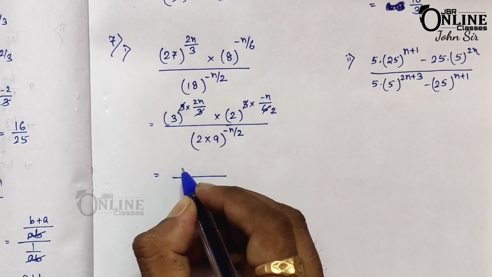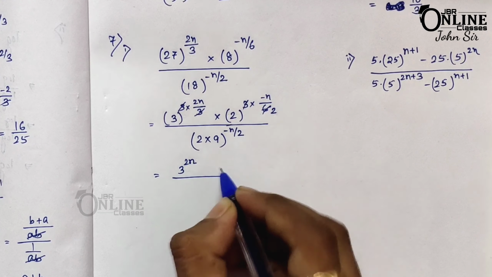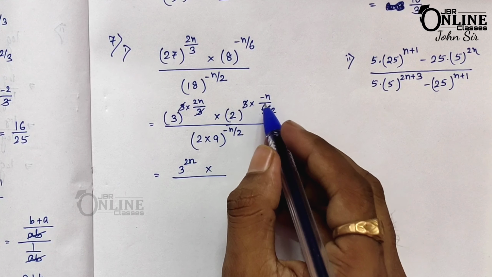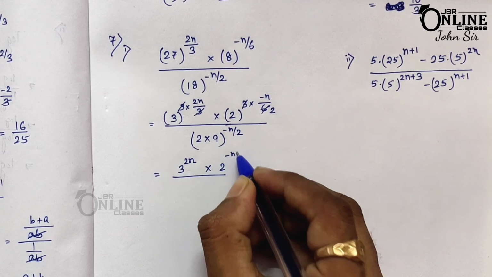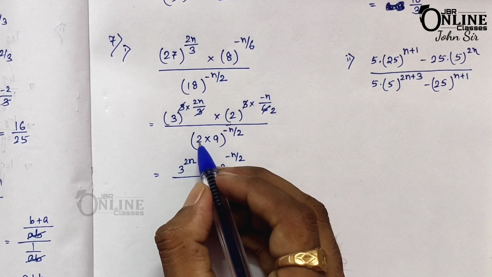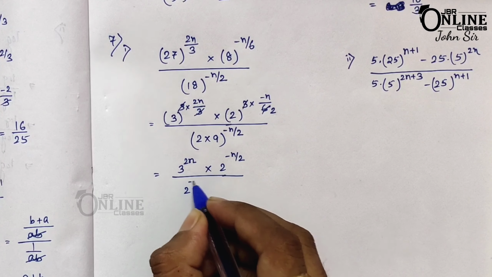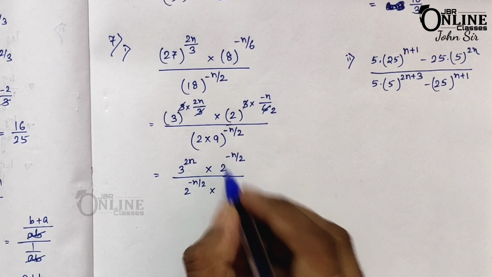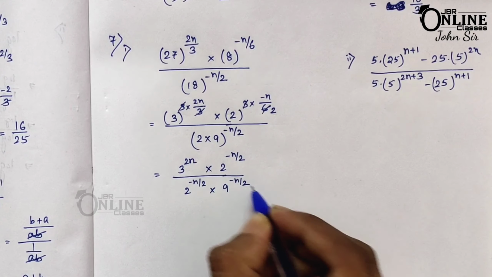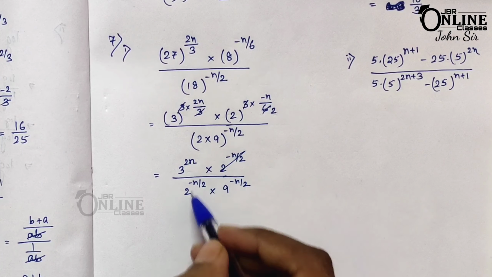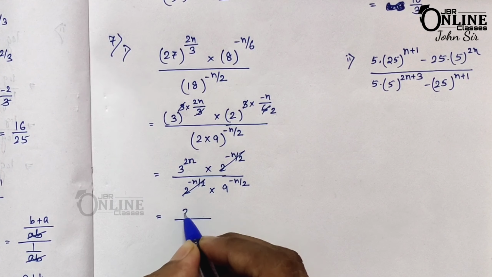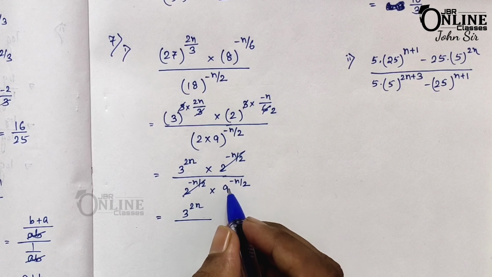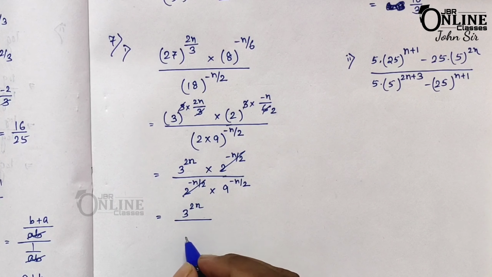So the upper one will be 3 to the power 2n, and here 2 to the power minus n by 2. Here 2 to the power n by 2 into 9 to the power minus n by 2. Now this will cancel out. So the upper one 3 to the power 2n, and here 9 means 3 square.